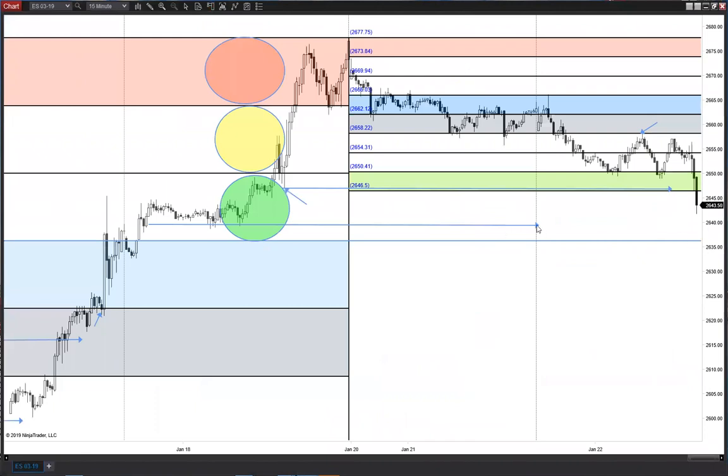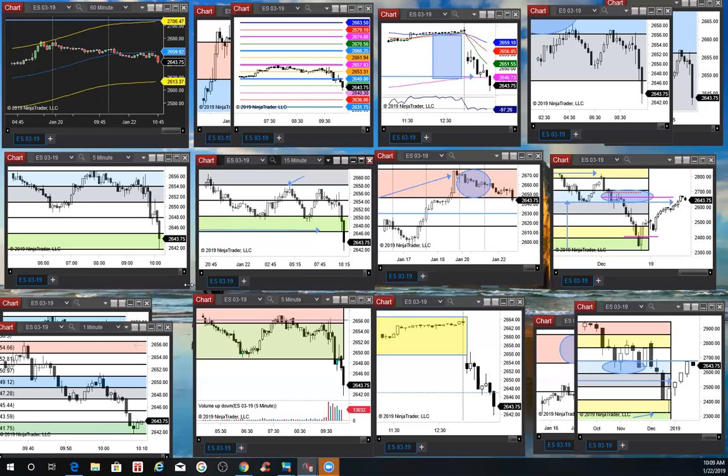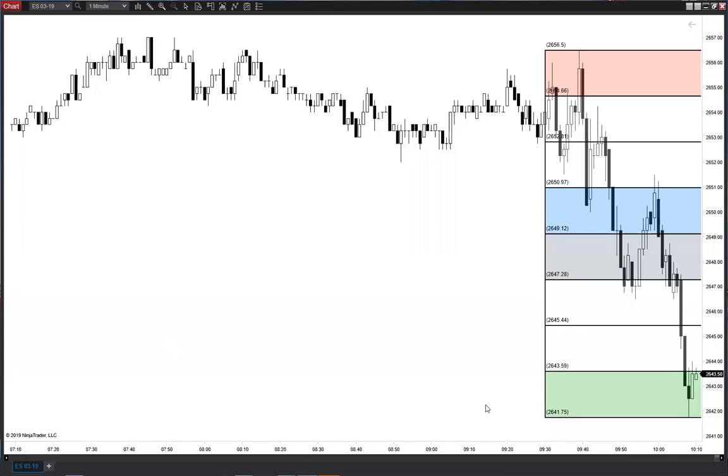And I say take profits for sure, 42 to 40 on this swing. And I'll adjust that in just a minute.